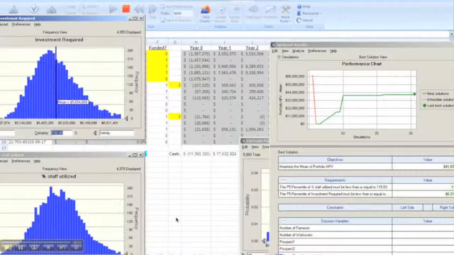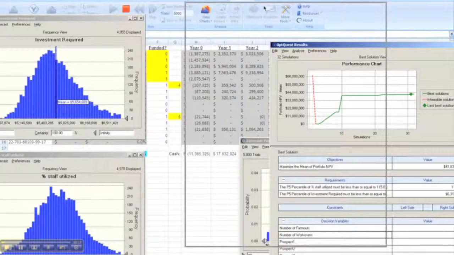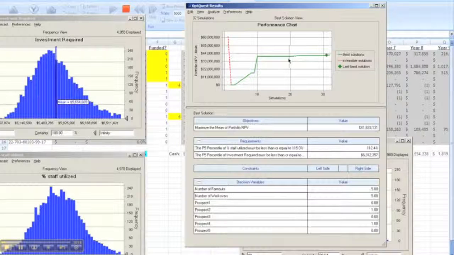So now the OptQuest Analyzer is running, and what it's doing is the analysis and telling me, watch these numbers change here. They're going to change from 1 to 0, which is basically me in this demo environment saying, should I fund this well or not? The net result of this will be there'll be a best solution, and it's already continued to clunk through this.